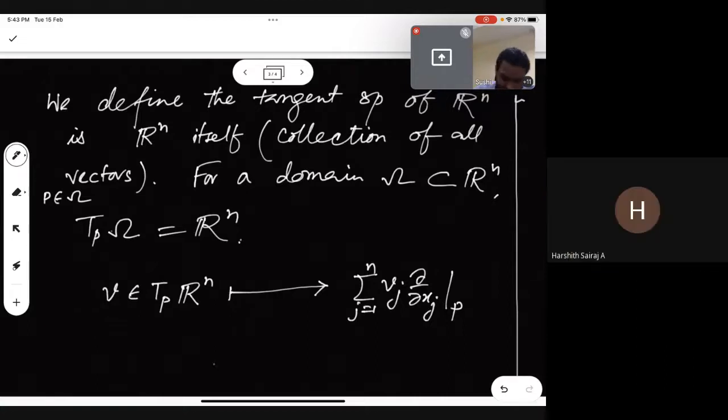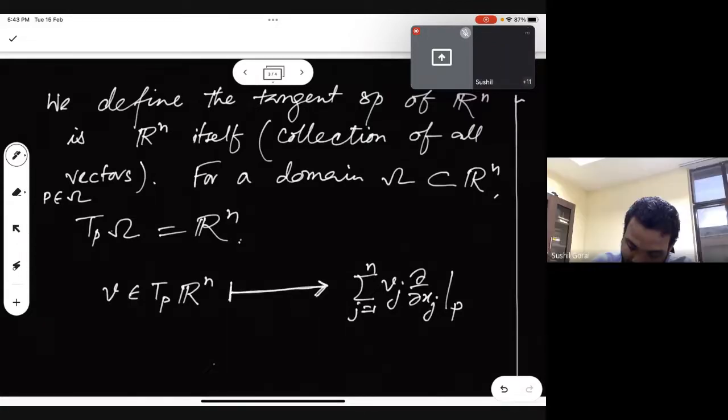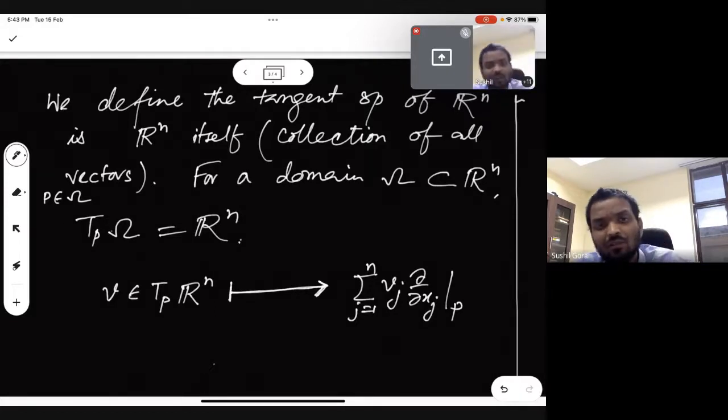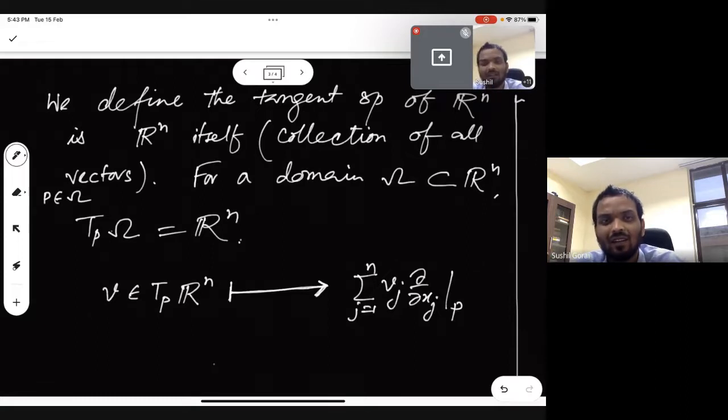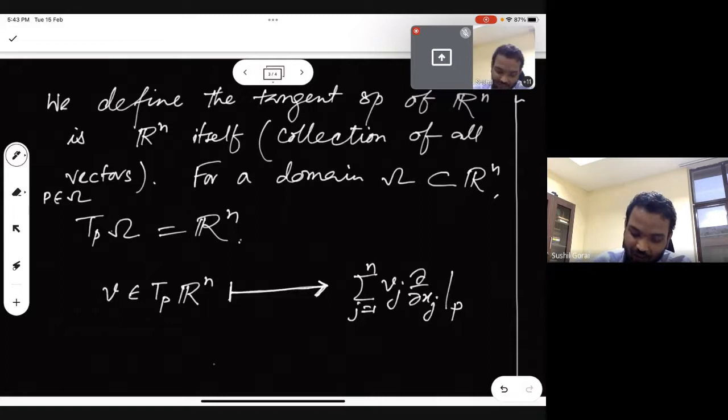Why did you put T_p omega? I thought it had nothing to do with omega. Yeah, it has nothing to do with omega. So it is true for any omega. My point is so that you don't confuse: whenever you want to define a tangent space, you do not need the whole of R^n.